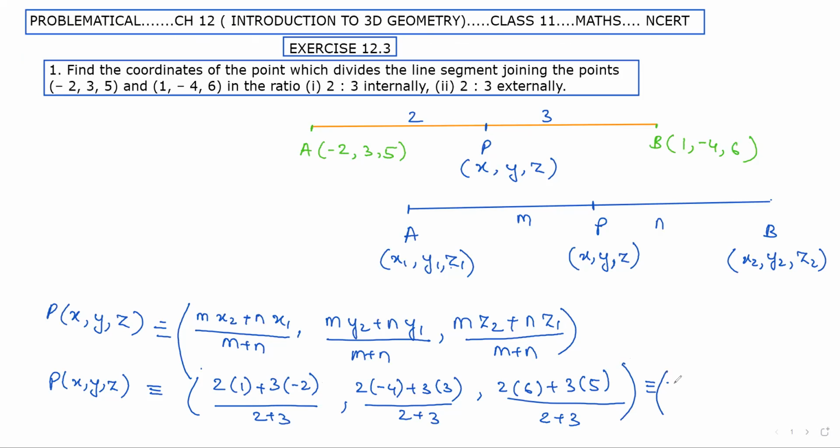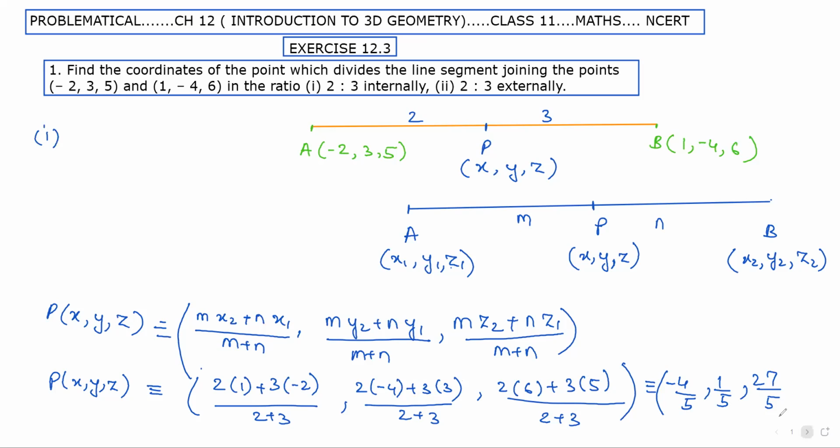We have -4 upon 5, comma, -4 into 2, -8 plus 3 into 3, 9, which is 1 upon 5, then 6 into 2, 12 plus 3 into 5, 15, 27 upon 5. This is by internal division, the first part.